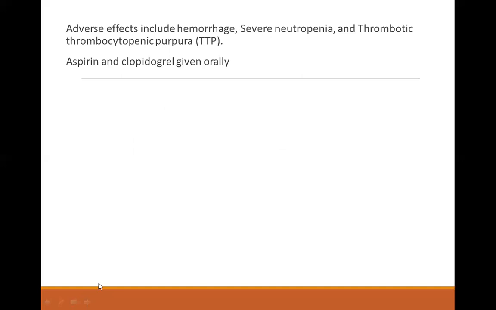Adverse effects include hemorrhage again, severe neutropenia, thrombotic thrombocytopenic purpura, and a kind of rash. Aspirin and clopidogrel both are usually given orally, usually as a nocta dose.